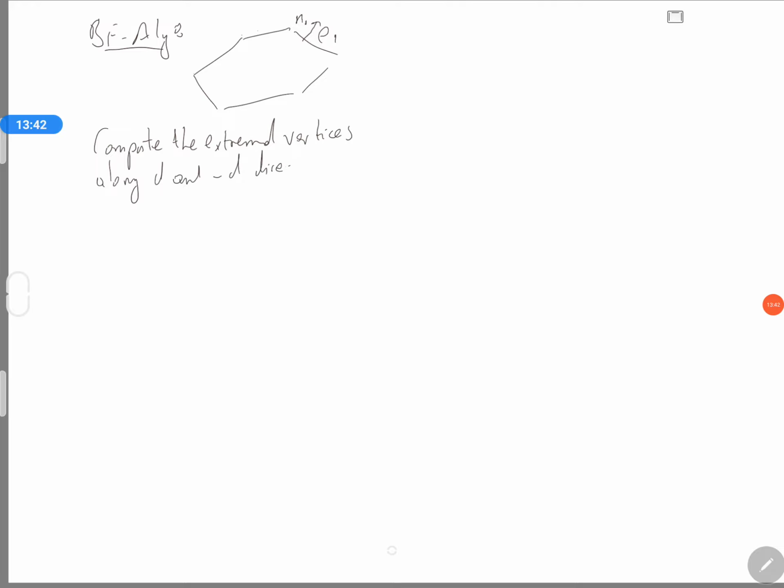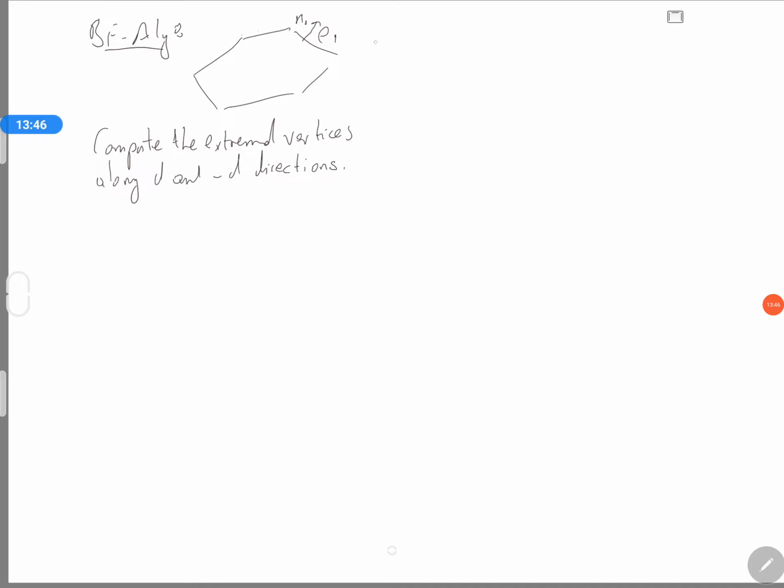Let's say, for example, you have a certain polygon, and for this polygon we have a certain set of edges, k. And then for each edge, for each direction, we can compute the extremal vertices along d and minus d directions.